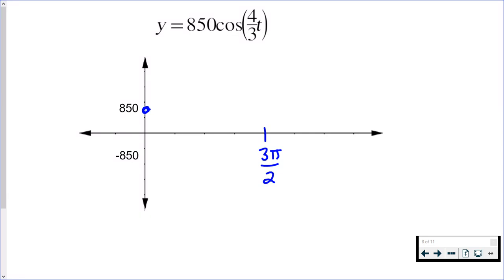So with cosine, we start up here at 850. Halfway through the period, we should get down to negative 850. And then by the time we get through one period, we should get back up to 850. So one period roughly looks like that.